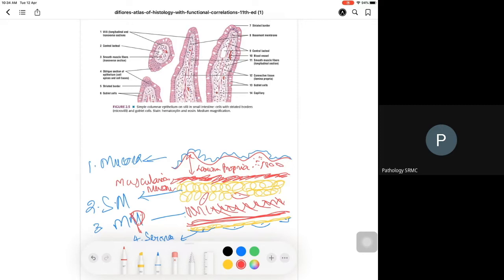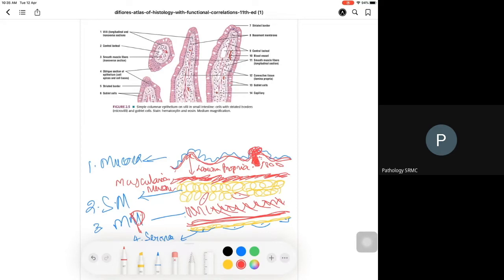Now, why do we have to know these 4 layers? See, the mucosa will be resting on the basement membrane. You can see the basement membrane here. If you see atypical cells here, and then coming into the lamina propria, can you call them invasive carcinoma? No. To call anything invasive carcinoma in a tubular epithelium, it has to penetrate through the muscularis mucosa.